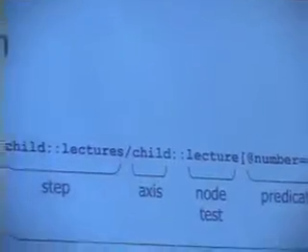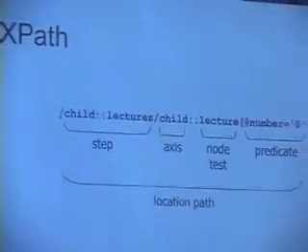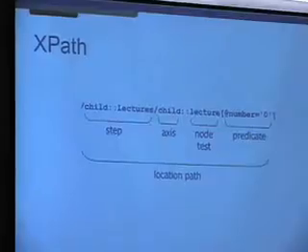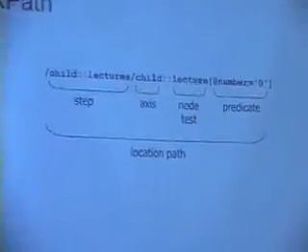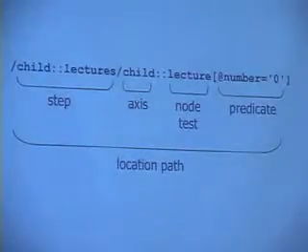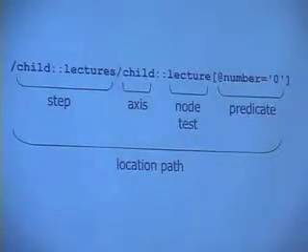Now, fortunately, XML also comes with at least one query language. So we're going to talk later in the semester about SQL, which is a very popular language for querying traditional relational databases. XPath, or the XML path language, is a language for querying XML files that may very well be useful too for Project 1.